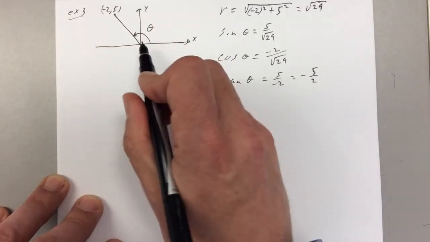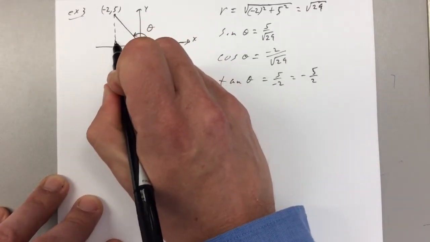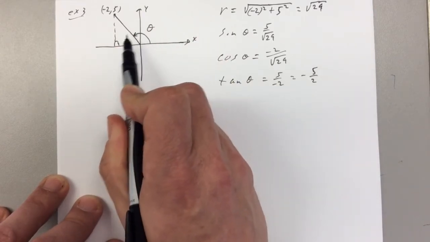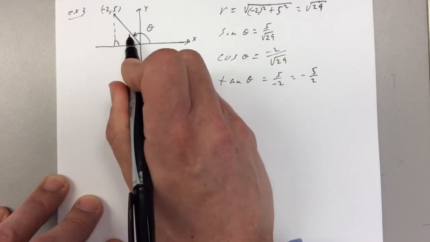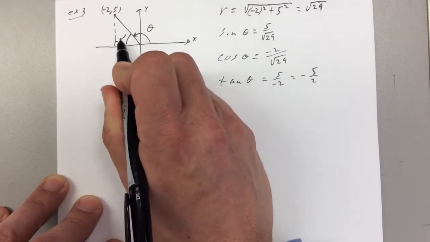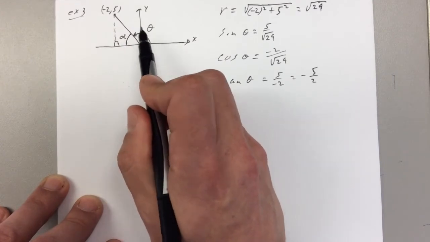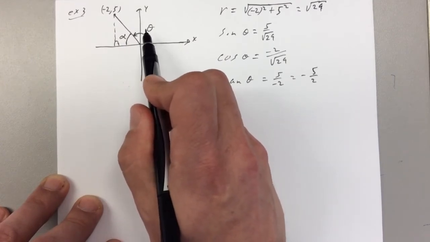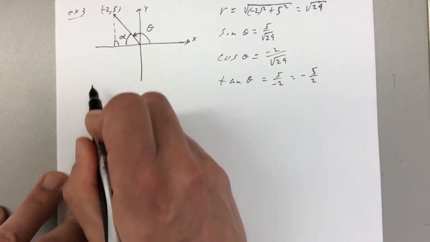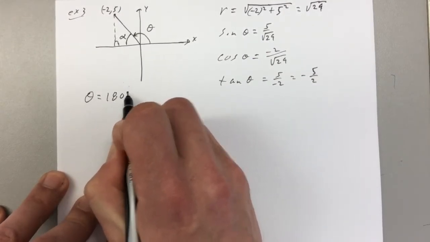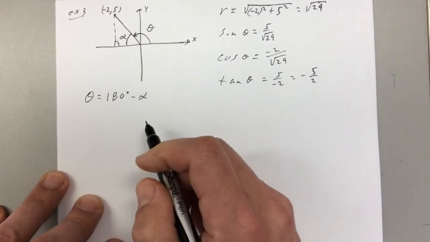Now if we want to find out what that angle is, drop a perpendicular down. This is greater than 90, but less than 180. So if I can figure out what alpha is here, then I subtract it from 180 and I will get theta. Okay. So in this case, theta is going to be 180 minus alpha.